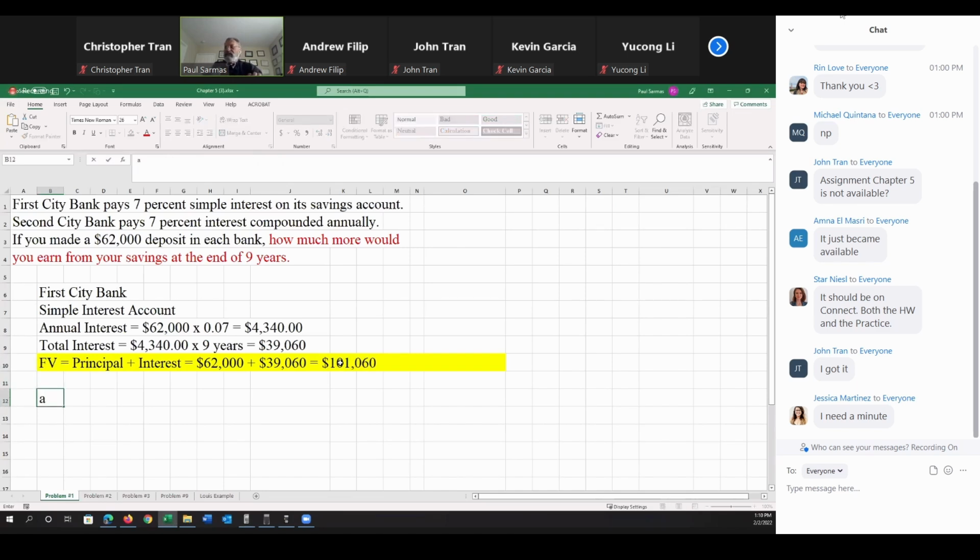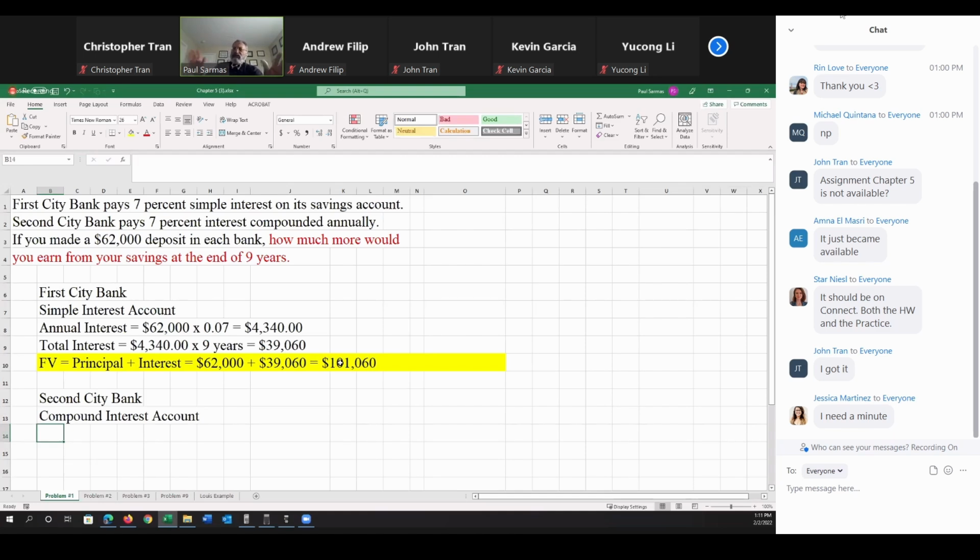Now we go to the second bank. It has a compound interest method. It's a compound interest account where interest is compounded, meaning interest is paid on both principal and interest.